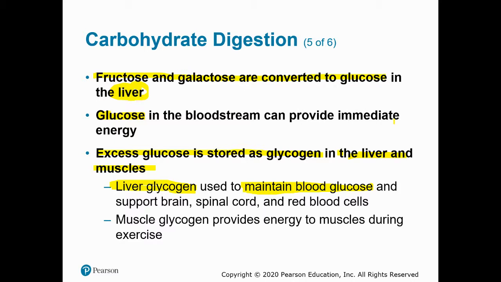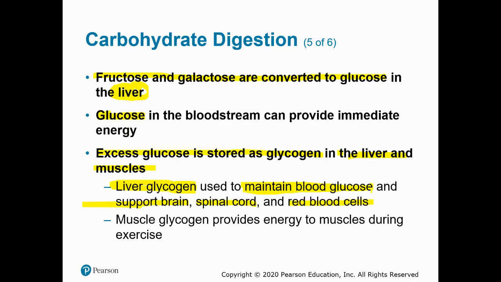So as part of that hunger process, your blood glucose level is going to drop a bit. Your liver can start to break down its stored glucose, which is glycogen, and put that glucose back in the blood to raise your blood glucose levels back to normal levels. The liver can also share some of its stored glucose with the brain, the spinal cord, and red blood cells.